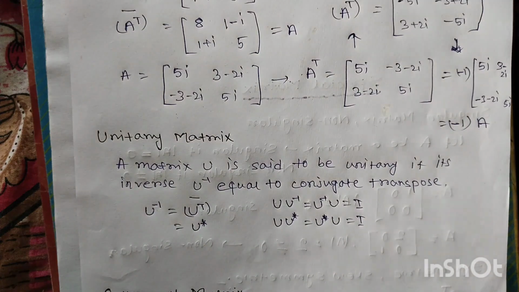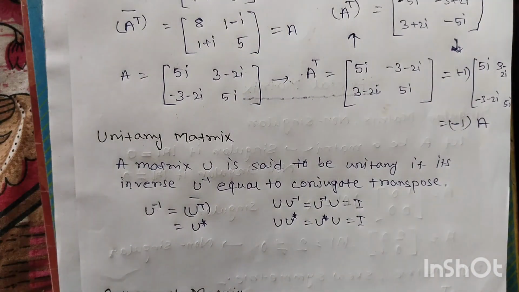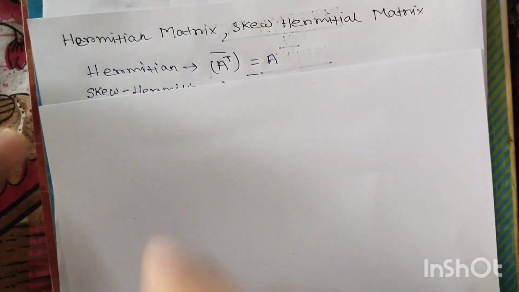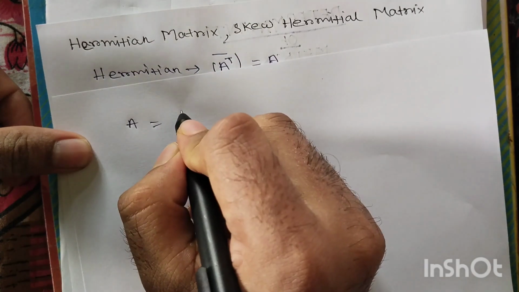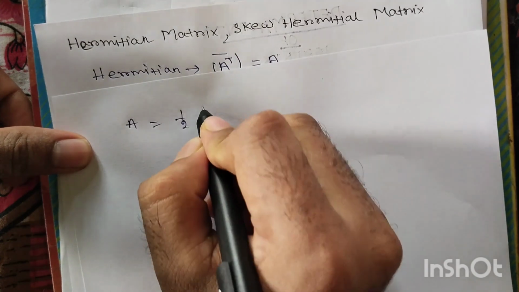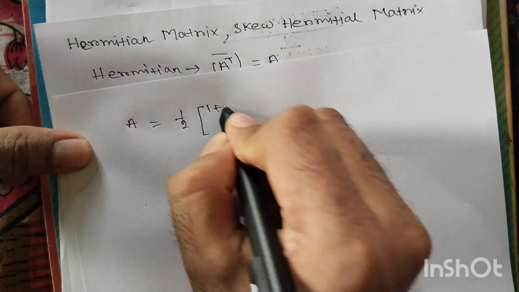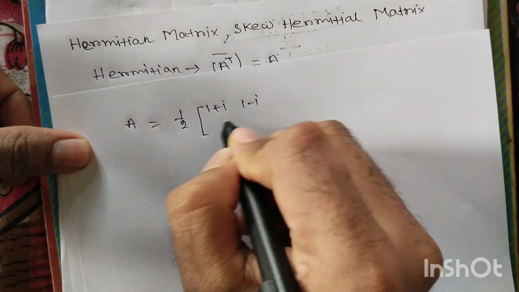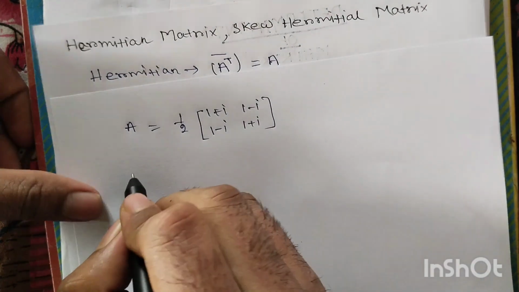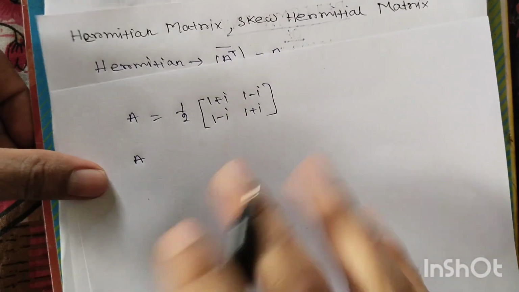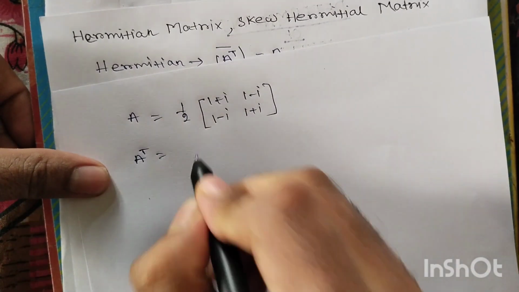Okay, A equal to half of the matrix. Okay, now we want to find first the transpose.